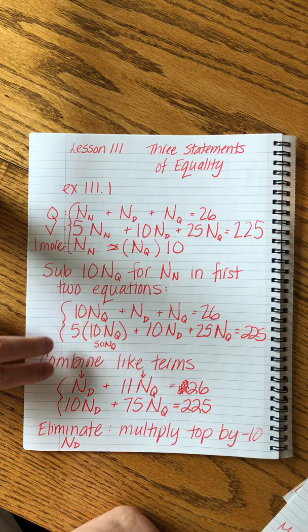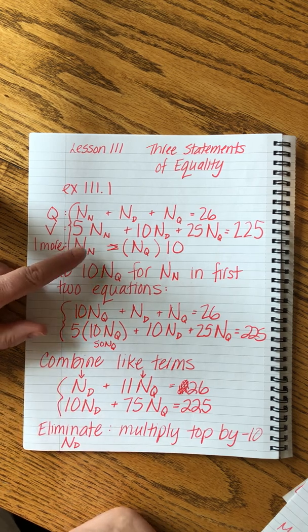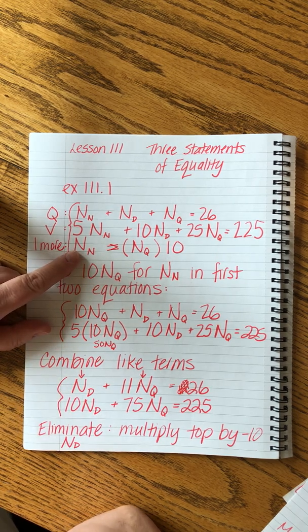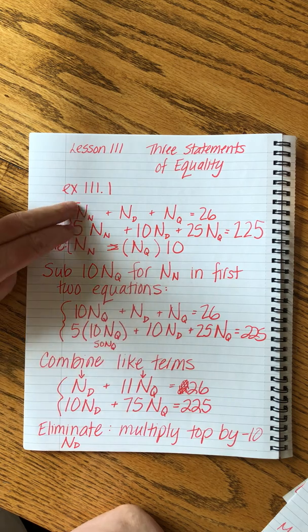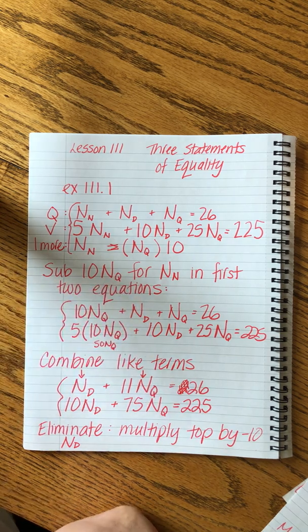Then we were down to just 2 variables, and I chose to eliminate both times. You could substitute. But the moral of the story is use this one more equation to simplify the top 2, to get you down to 2 variables in the top 2, which is what we did here, right? We substituted it in. And then from there, it's quite straightforward and you know what to do.